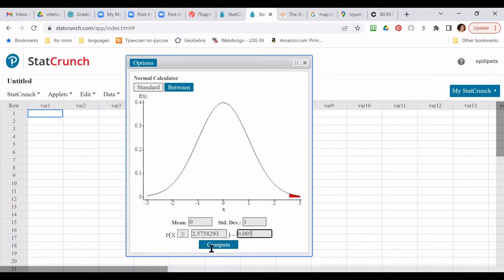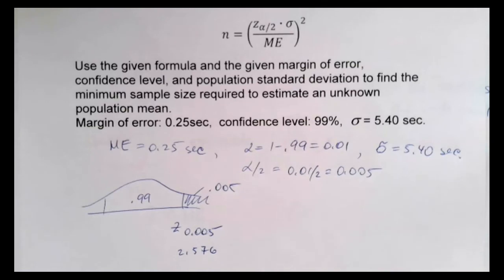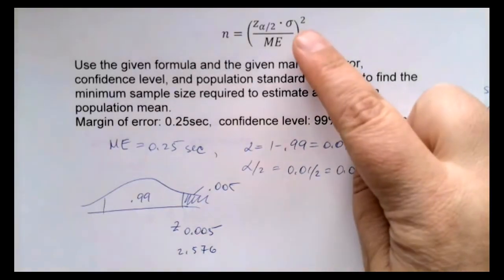So this gives us a Z value of 2.576 rounded to 3 decimal places. All right, now we can use this value in our formula.